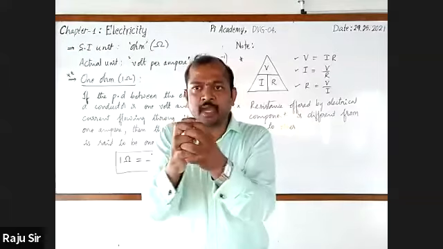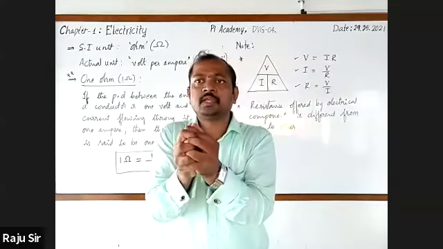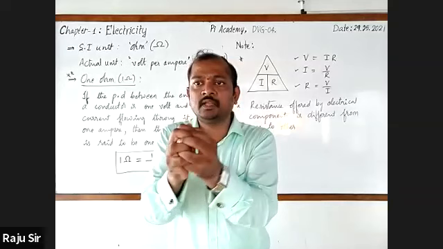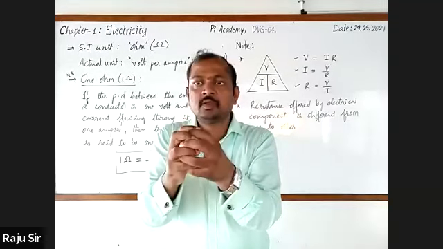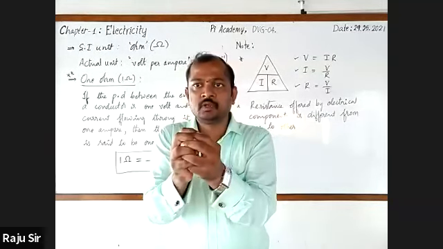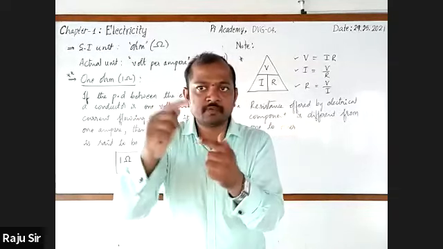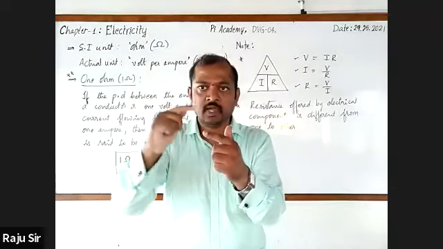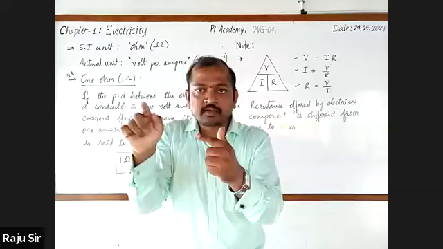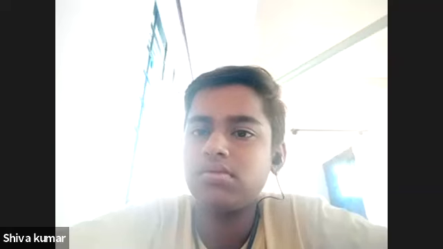Listen, in iron, the atoms are packed very tightly. In case of copper, comparatively, it is a bit loosely. If so, in which of these two, copper and iron, can electrons flow easily? Copper. Very good. In copper, electrons can flow easily.